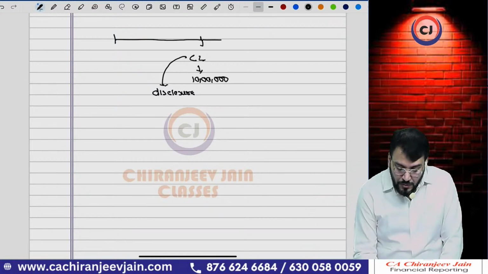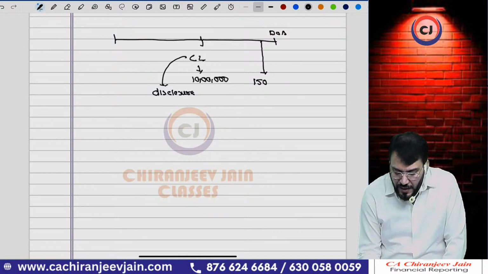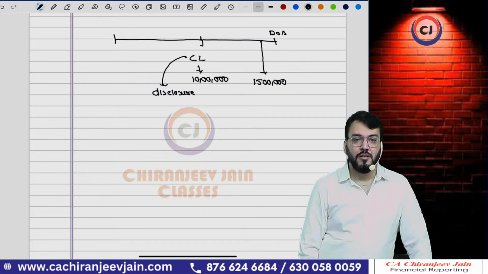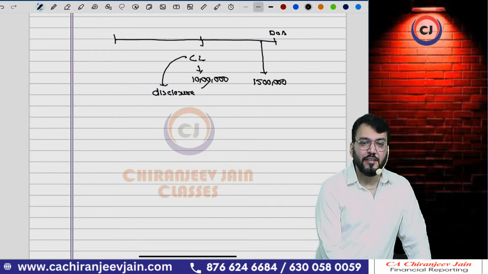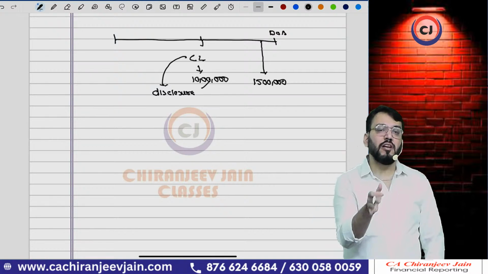Correct. But some information came before the date of approval that this 10 lakh should not be 10 lakh, this should be 15 lakh. Whatever estimation you have done as 10 lakh, it should actually be 15 lakh. But is it adjusting or non-adjusting?